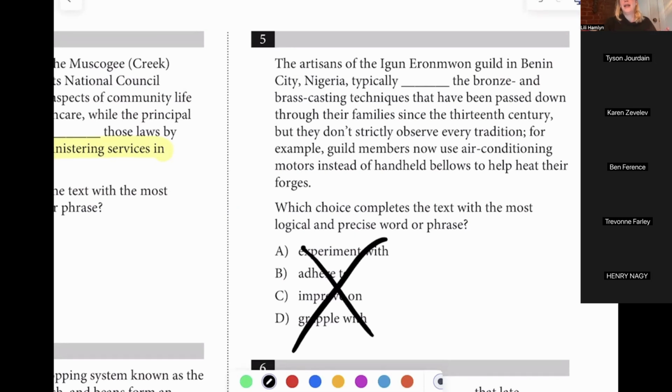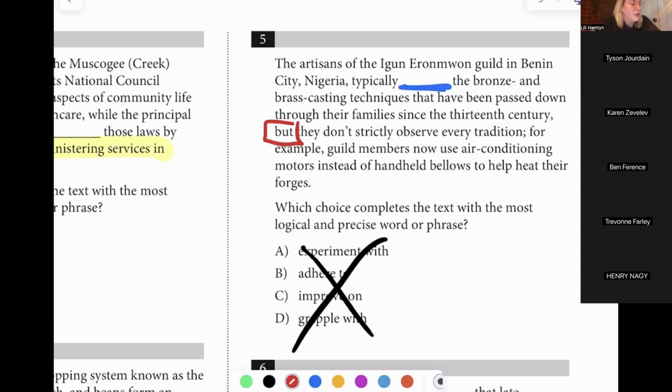Right. So let's go over number 5. It's a little tricky, right? We've been talking about these artisans. They typically something the bronze and brass casting techniques that have been passed down through their families since the 13th century. Then what's really important, but they don't strictly observe every tradition.